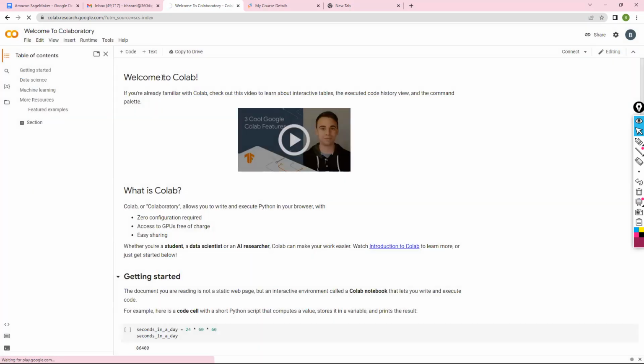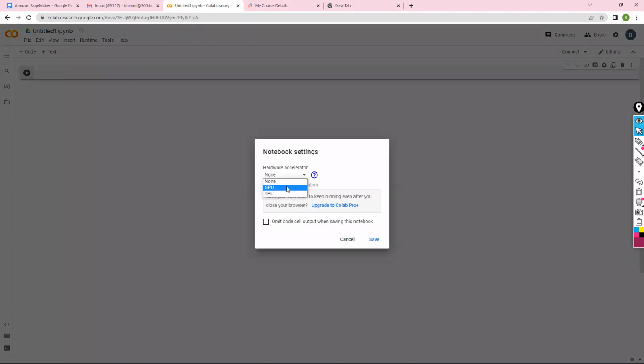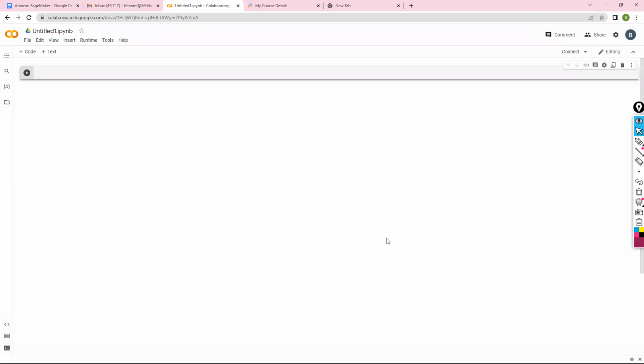Let me open a new notebook. Come on, why is my internet slow? I'm not sure. Okay, anyways. So here, I'm going to change the runtime type to GPU and save it. And let me connect.